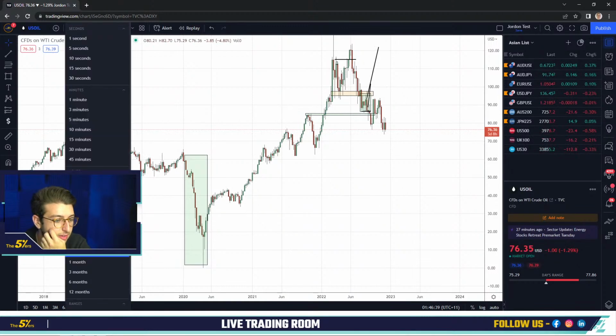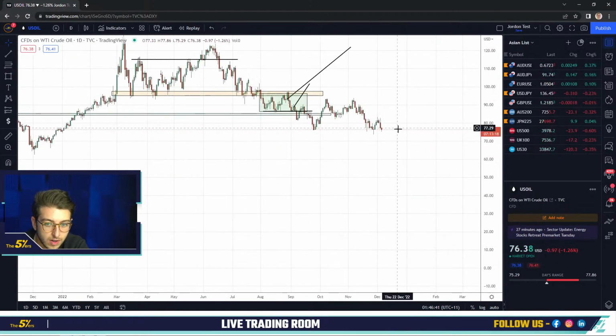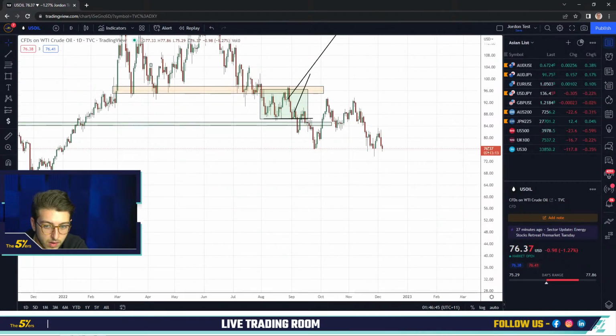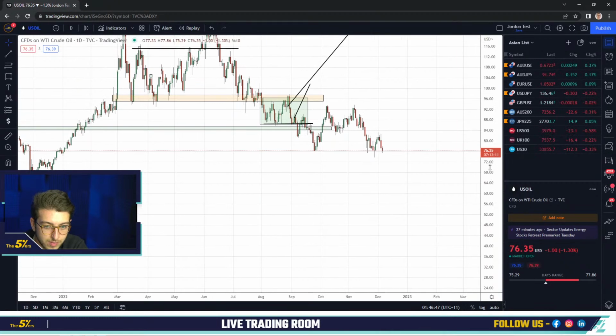But in any case, let's say $76 per barrel in oil is okay for the overall world. Generally, the average price is $60. Actually, there is inflation. The dollar is quite expensive. So 76 can be the average price. It can be like a decent price for a barrel of oil.